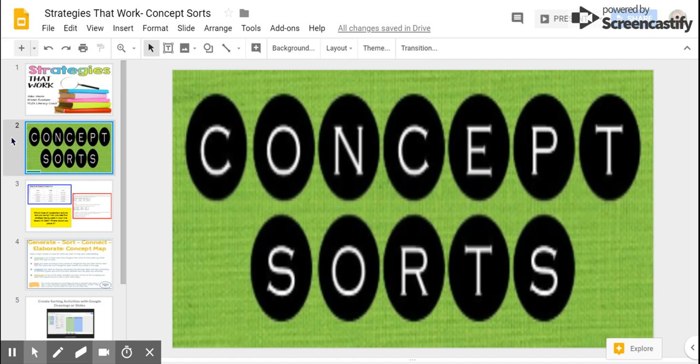Categories can be created by either the teacher or by the students, and when used before the actual lesson gets going, these concept sorts provide an opportunity for teachers to see what his or her students already know about the given content. So let's look at some examples.